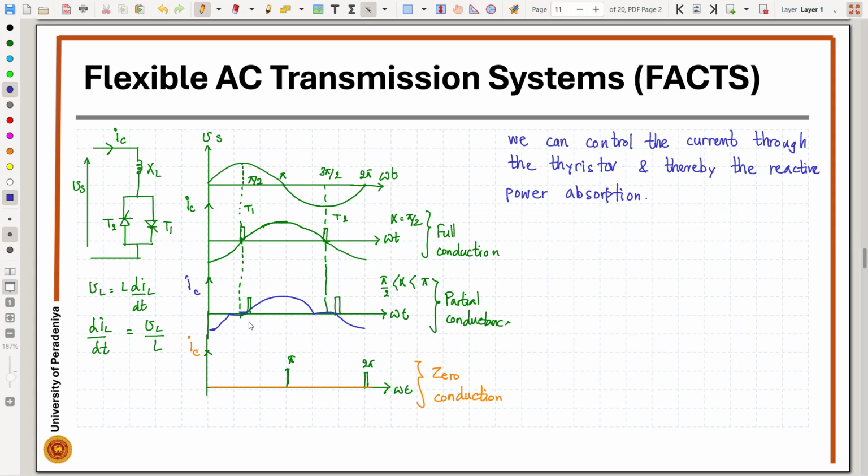The time that the device is conducting is known as the conduction angle. So this is sigma, the conduction angle, and sigma is going to be equal to pi minus alpha times 2.